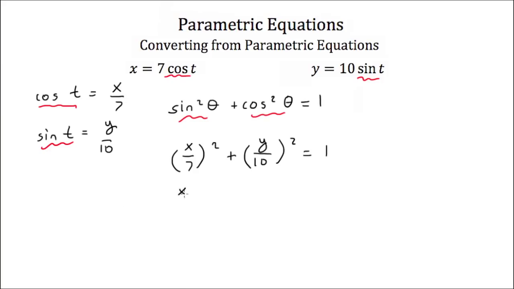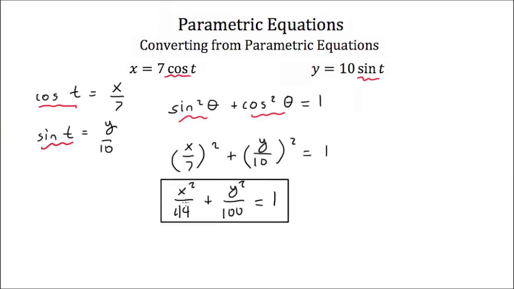So we'll have x squared over 49 plus y squared over 100 is equal to 1. I have eliminated all the t's out of my equation here. This is the equation of an ellipse. And this would be my xy equation that's derived from these two parametric equations.